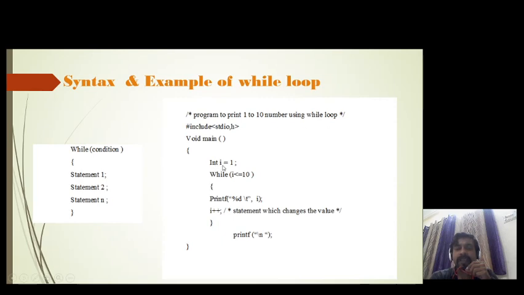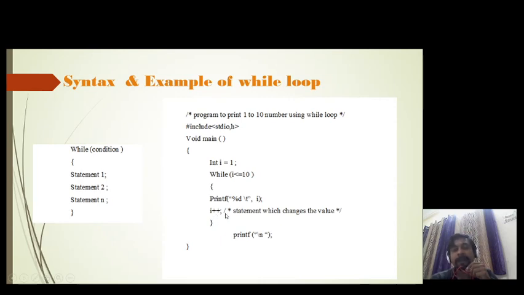So here I declare i is equal to 1, while i is less than or equal to 10, and inside the while loop, if this condition is true, I print the value of i, and then I give i++.